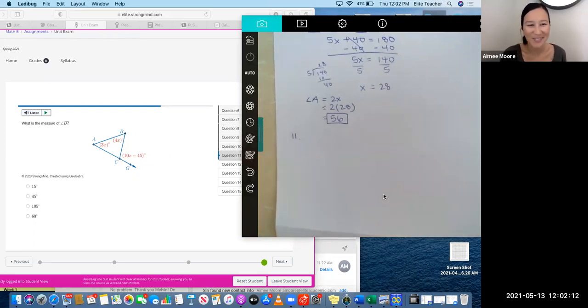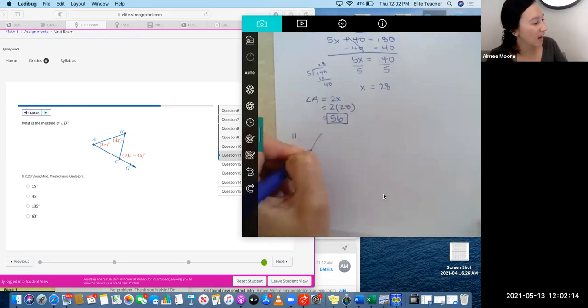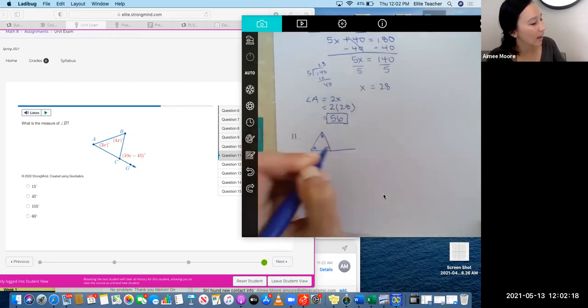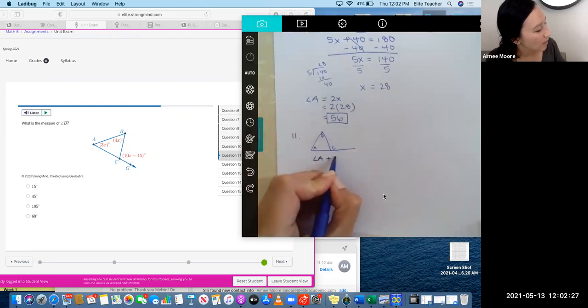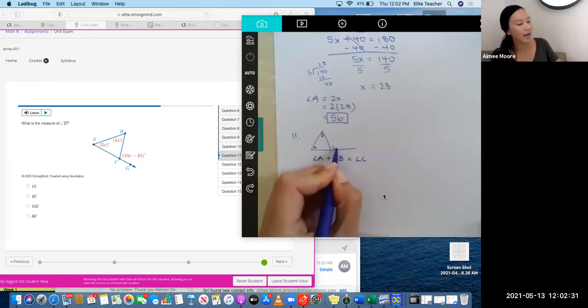Anyone remember? No? So the exterior angle theorem says if you have this angle and this angle, these two interior angles are equal to this exterior angle. So angle A plus angle B is equal to this outside angle C.